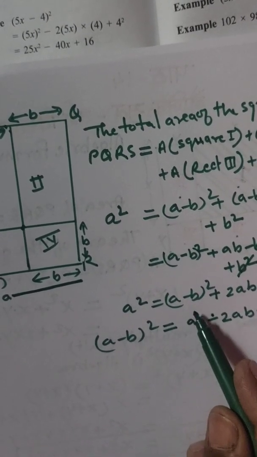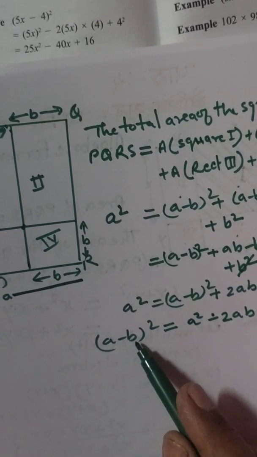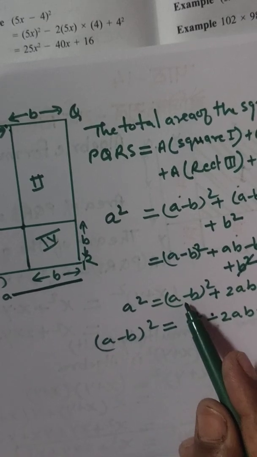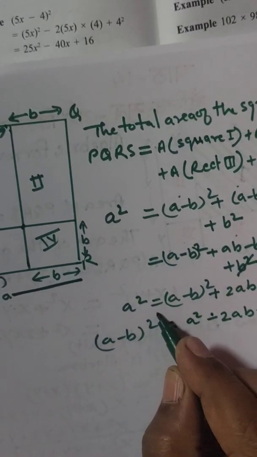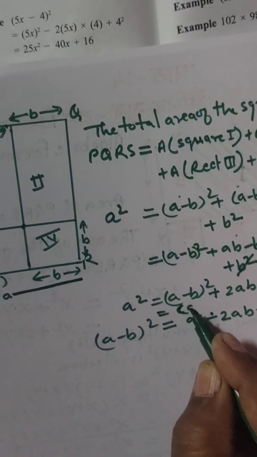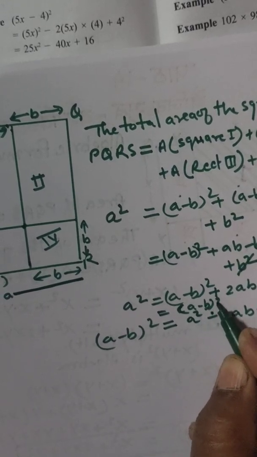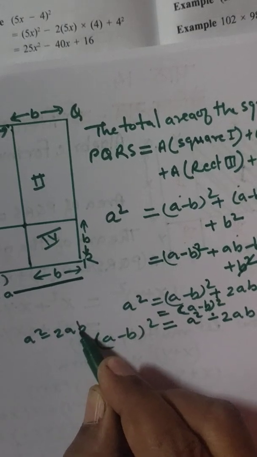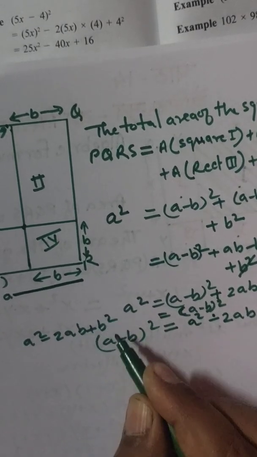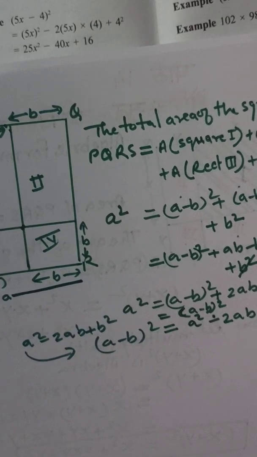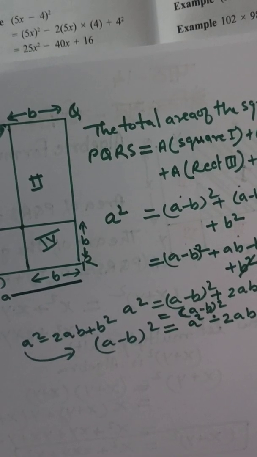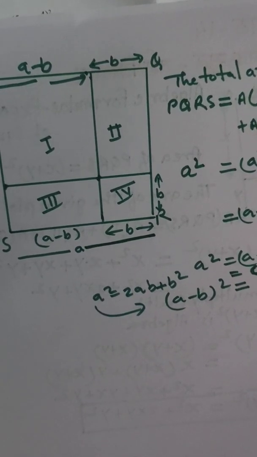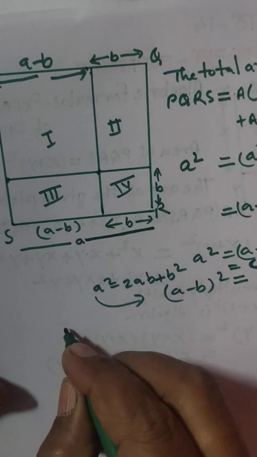Simply I write A minus B whole square is equal to this much. That means you can also write here A minus B whole square is equal to A square minus 2AB plus B square, and this also came in this type.